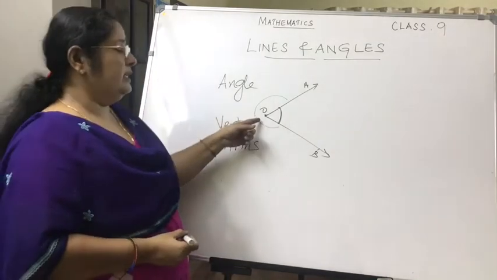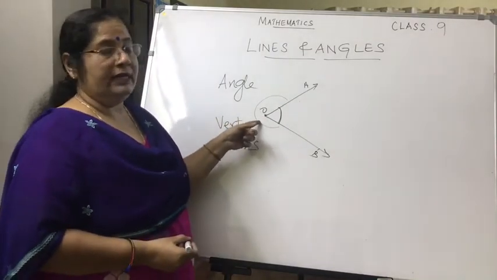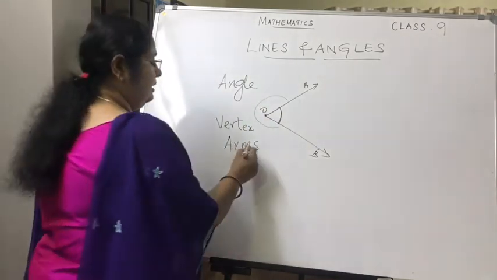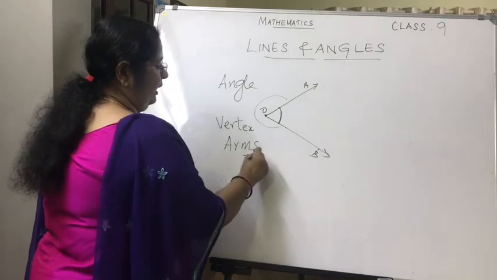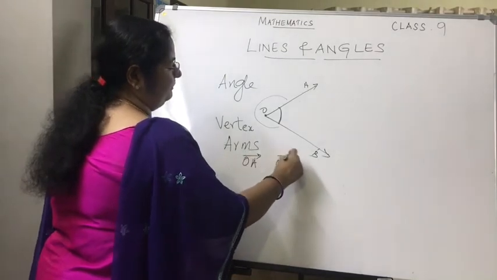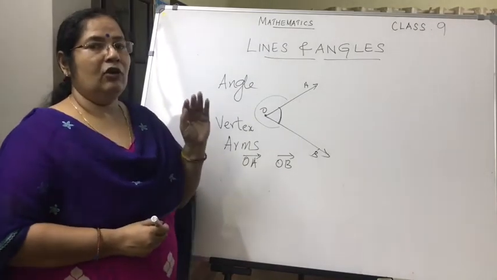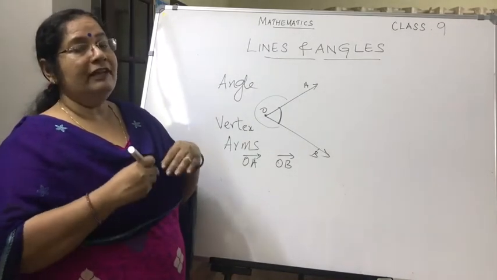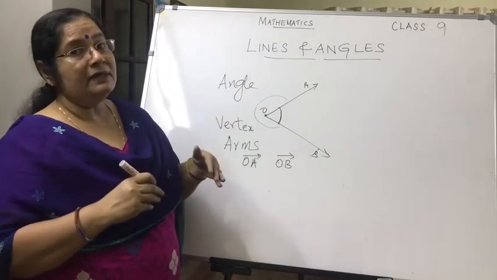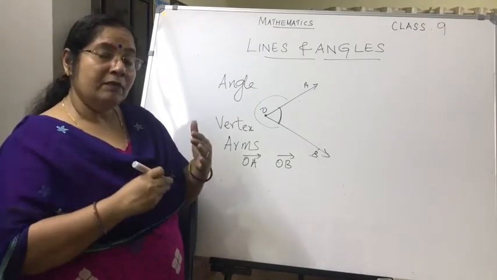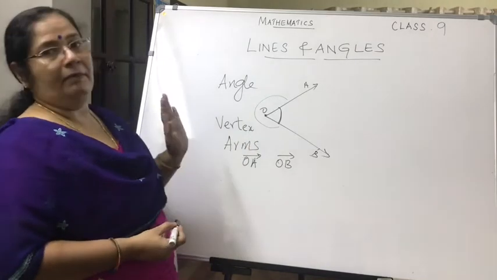So which is the vertex here? O is the vertex and OA and OB are the arms. So what is a vertex? The common point from where the rays start. Arms are the two rays which form the angle.